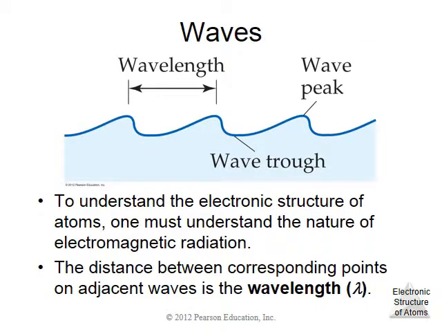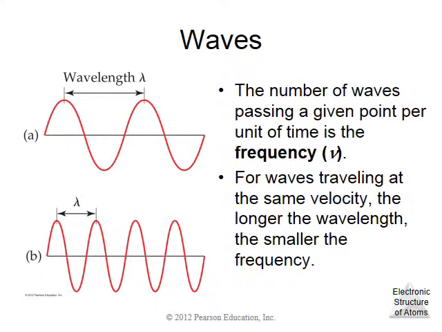Now you can see here we can have different shapes of these waves. In this slide you're looking at two different waves. The top one has a larger wavelength. You can see the distance between similar points is longer, and the bottom one has more wavelengths fitted within the same distance.